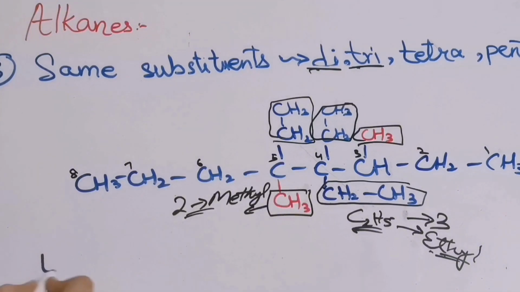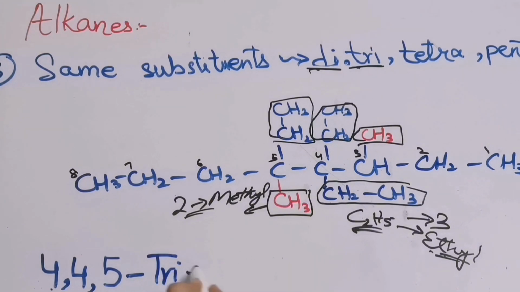So we will write 4. Again we will write 4 because 2 ethyls are present. So 4, 4. Then we will write 5. Then hyphen. We are putting commas between the numbers and hyphen over here. Then we will write tri-ethyl.